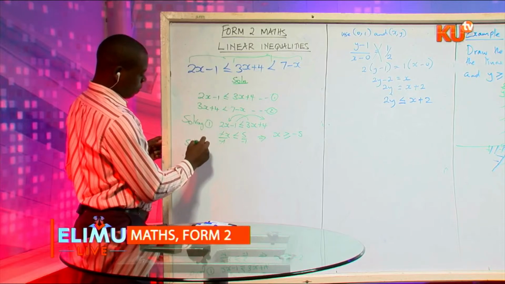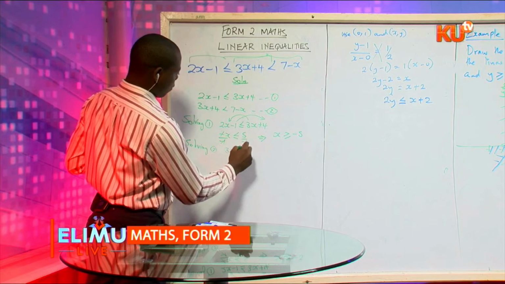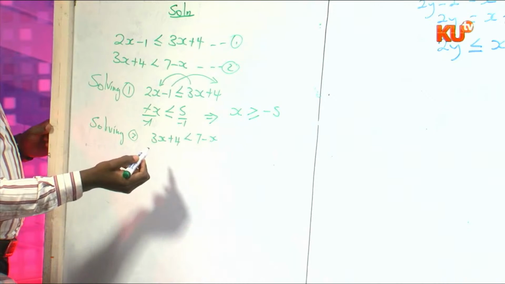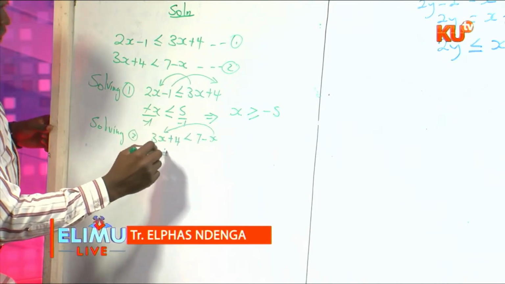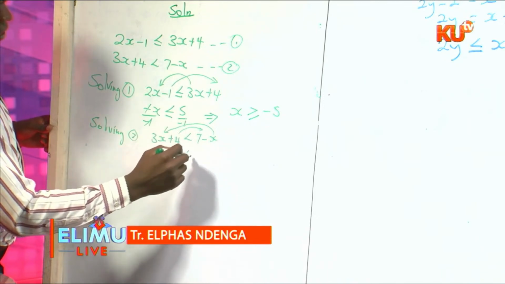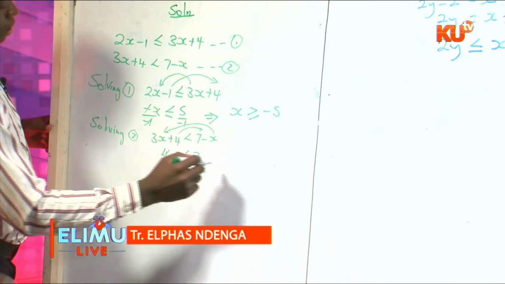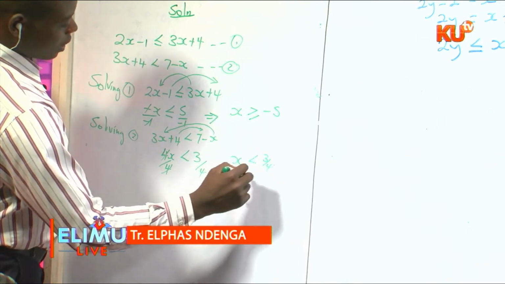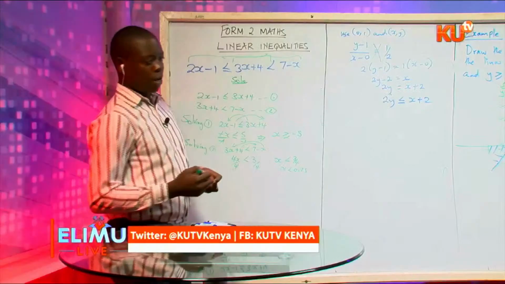Then solving 2: 3x plus 4 less than 7 minus x. Collect like terms, negative x to this side becomes positive, so 4x less than 3. Over 4, we have x less than 3 over 4, or x less than 0.75. Those are the solutions.